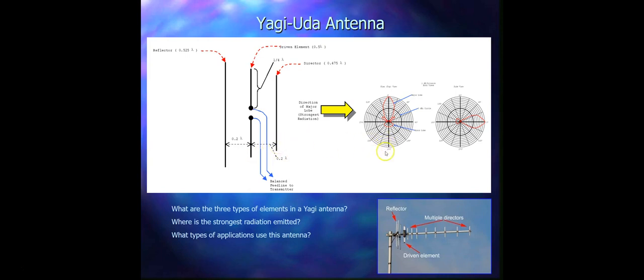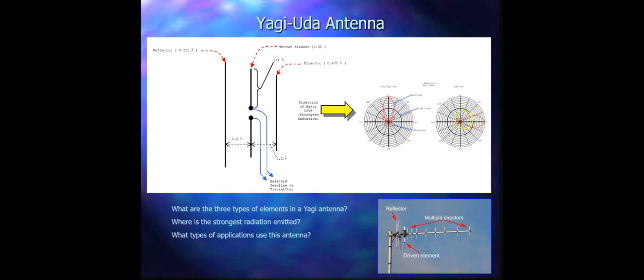Here in the radiation pattern you see the major lobe. This represents the major lobe at the front, and the minor lobe is at the rear. And these two small lobes you see represent the parasitic lobes. And this is the side view of the radiation pattern.